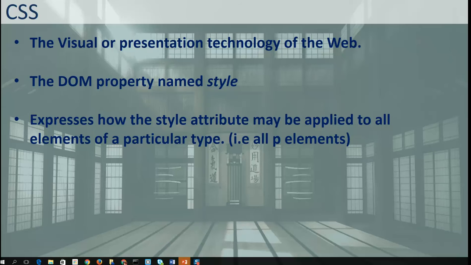For instance, let's say we wanted to apply a style to all paragraph tags, or we want to apply a specific style to all divs with the ID footer. So we would give each one of those elements that ID or class, and then we'd apply that style via CSS to all elements with that style.